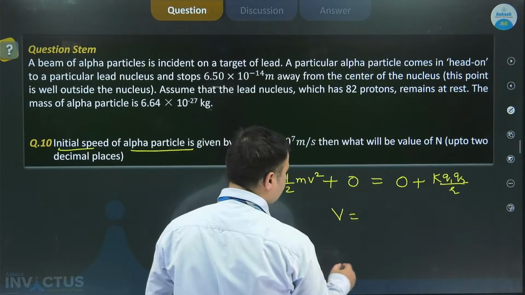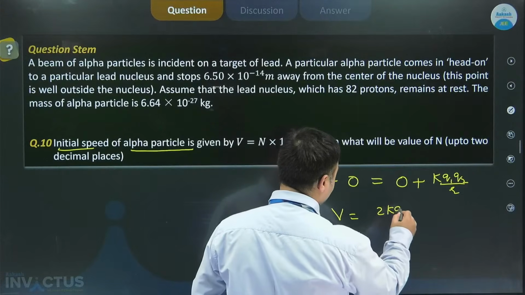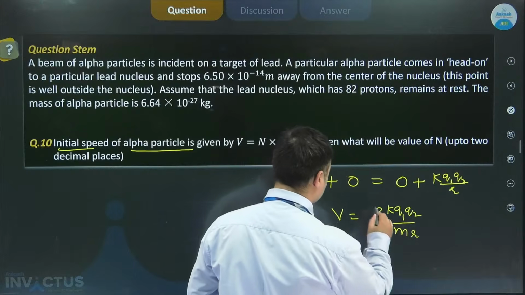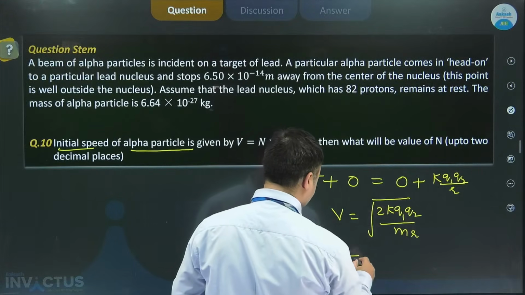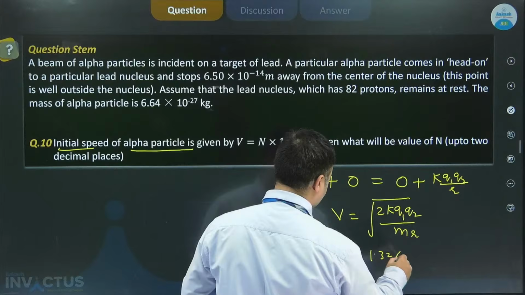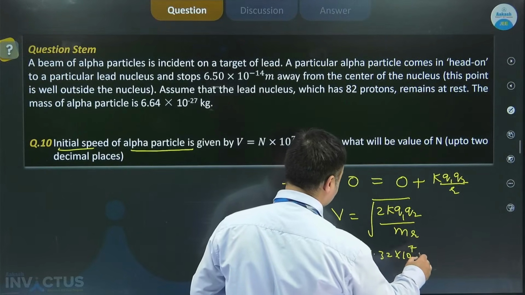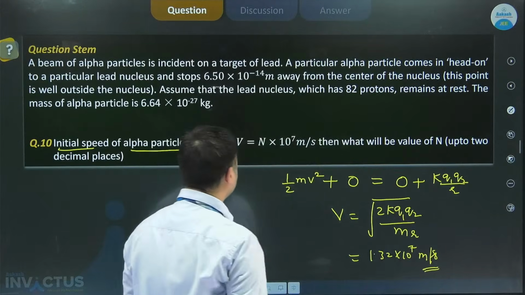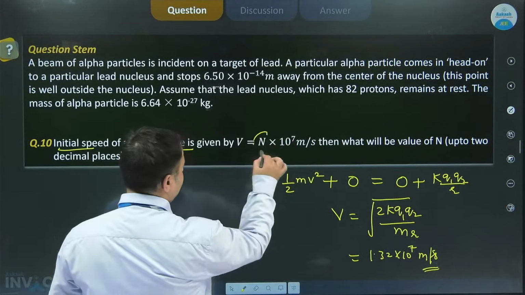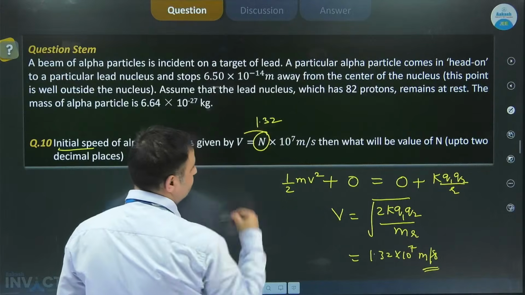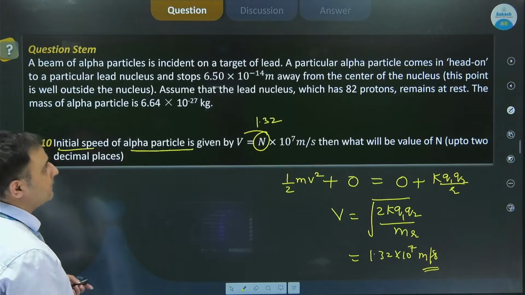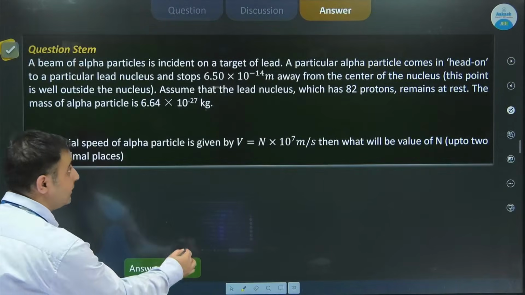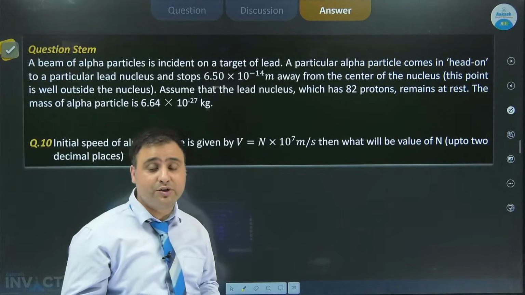So v is equal to the square root of 2k q1 q2 by m r. On putting all these values, it comes out to be 1.32 into 10 raised to the power 7 meter per second. So we have to find the value of n. This n should be 1.32. Now let's see the answer. Yes, it is 1.32. Now let's move on to the next question.